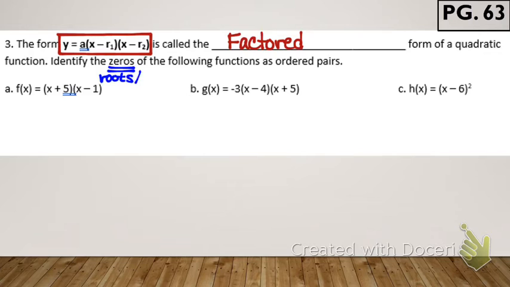I heard roots, I heard x-intercepts, and solutions, yes. In order to find those, what do I need to do with each of my factors? Equal to 0. Factors always get set equal to 0.